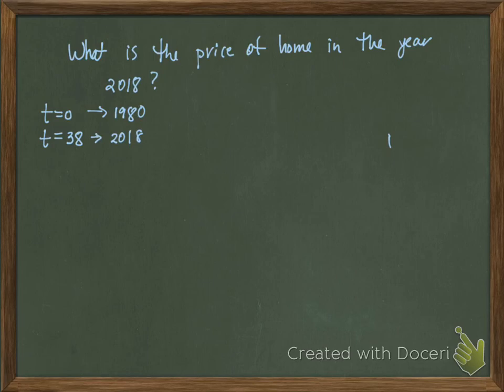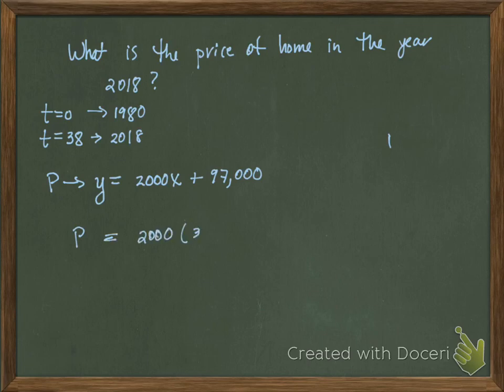Alright, so remember our model, y equals 2000x plus 97,000. That's what we solved for on the previous page. So we want to know the price, so this is my p right here, is equal to 2,000 times 38 plus 97,000.